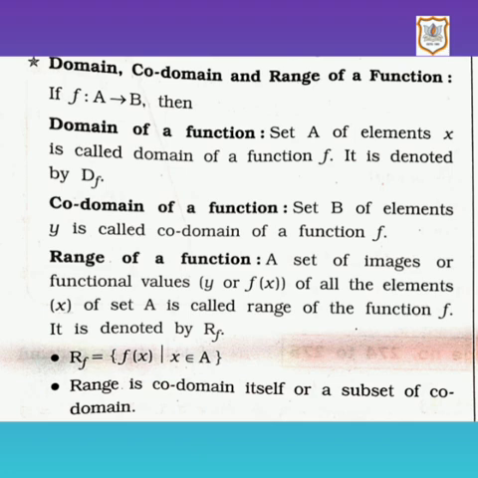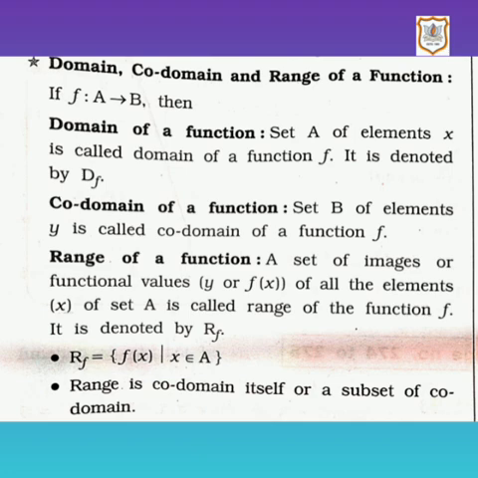It is denoted by D(f). Then the codomain of a function, that means set B with the elements y, is called the codomain of the function f. So set A will always be the domain and set B will always be the codomain.